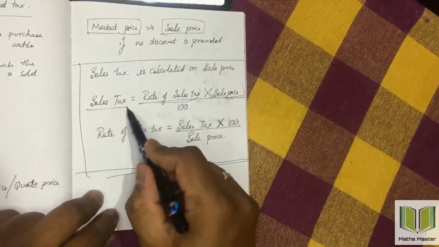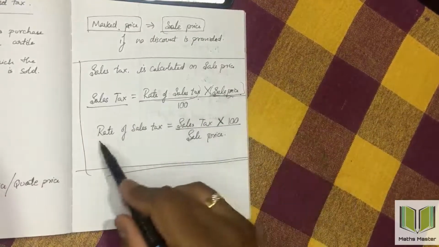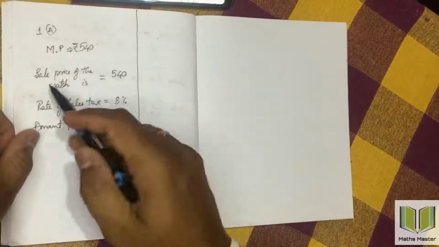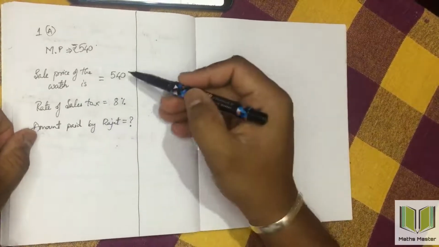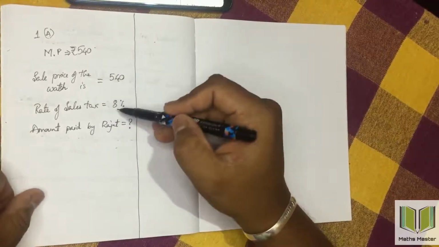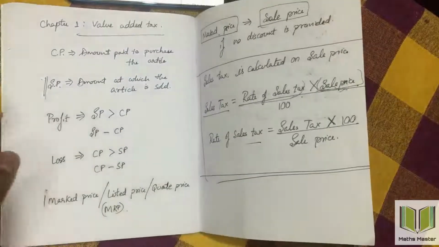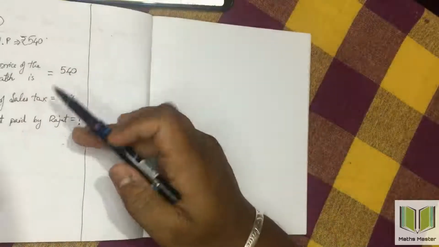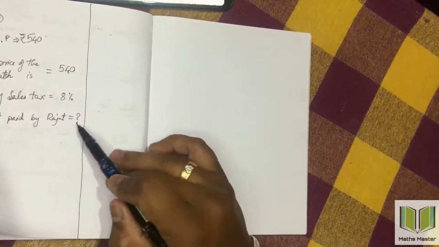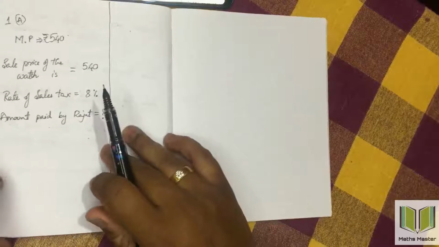In this question, sale price is given and rate of sales tax is given. Sale price is 540 rupees and rate of sales tax is 8%, but with these alone we will not be able to get the amount paid by Rajat.